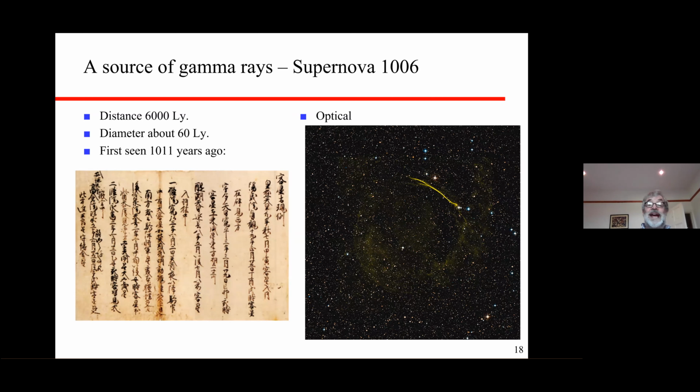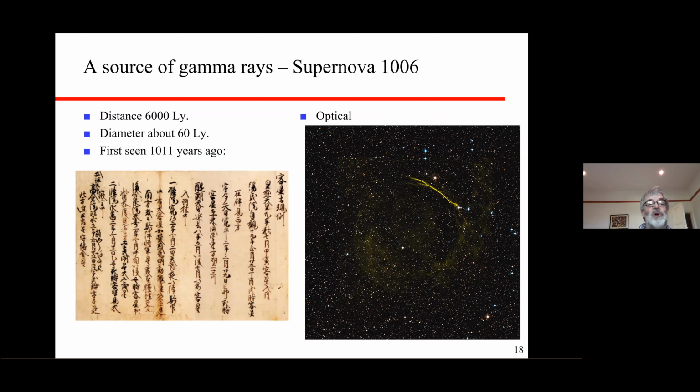As its name suggests, this was observed in 1006, and that was recorded in Chinese manuscripts, for example, but has been seen also by various other peoples. For example, there are American Indian records of this new star appearing in the sky as well.